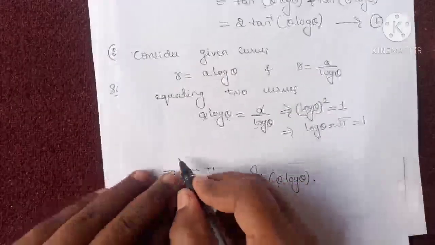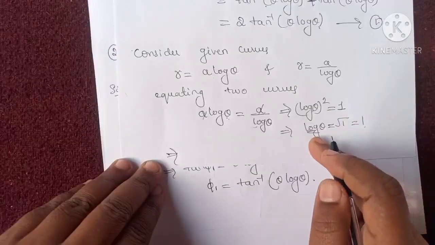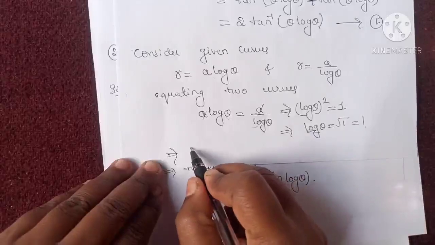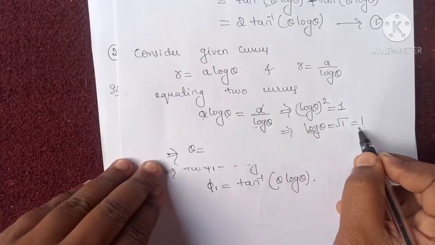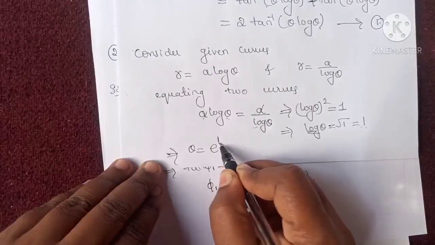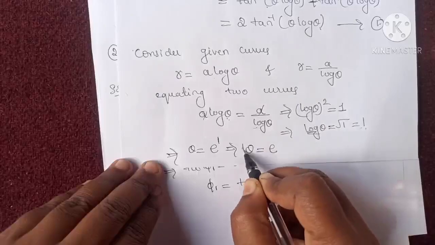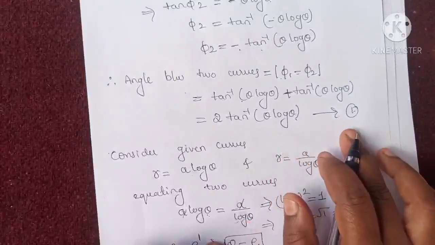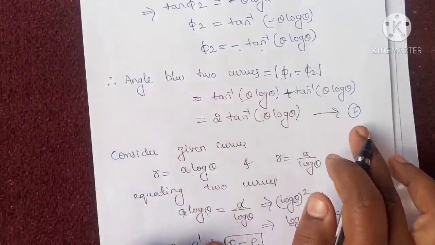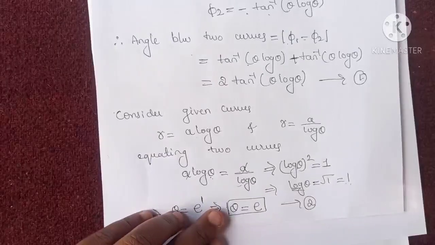Therefore taking the anti-log, we get theta equals e raised to 1, so the theta value is e. Now we substitute this theta value in equation 1, that is, the angle between the two curves. Okay, so consider this as equation 2.